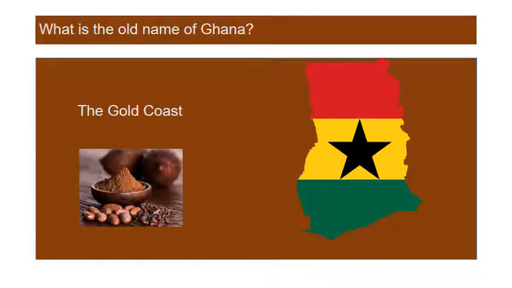The Gold Coast was the first British colony in Africa to become independent. After independence, its name changed to Ghana. The Republic of Ghana is named after the medieval West African Ghana Empire. Ghana is in West Africa in the Gulf of Guinea.